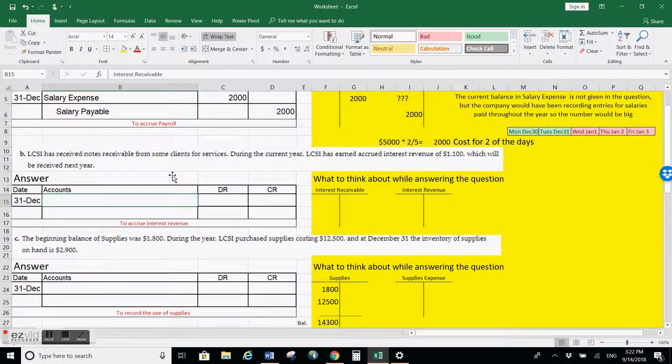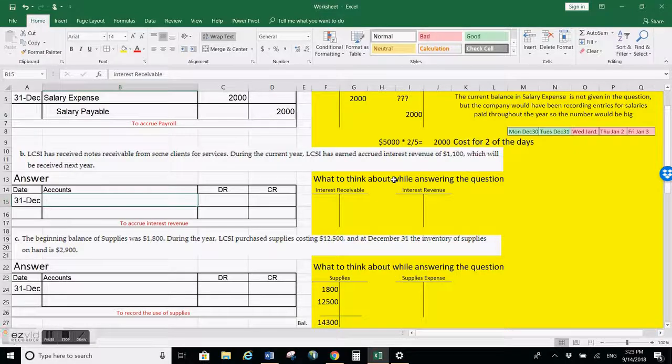All right, let's go down to B. Our company has received notes receivable from some clients for services during the current year. We've earned interest revenue of $1,100, which will be received next year. Watch out for this word accrued. Accrued is a very odd word.